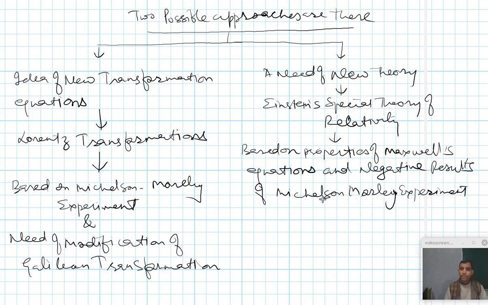And for this, Einstein suggested postulates of the special theory of relativity.